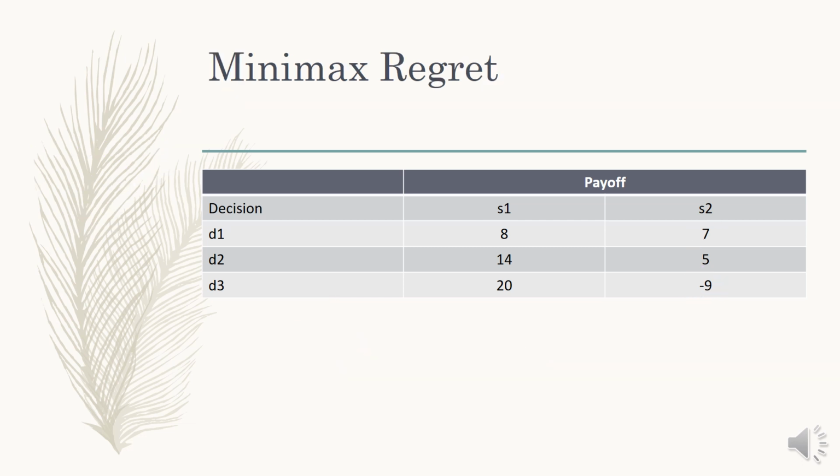The next one that we have is probably the most complicated one. It's called the minimax regret. What we want to do for this one is minimize the maximum state of regret.